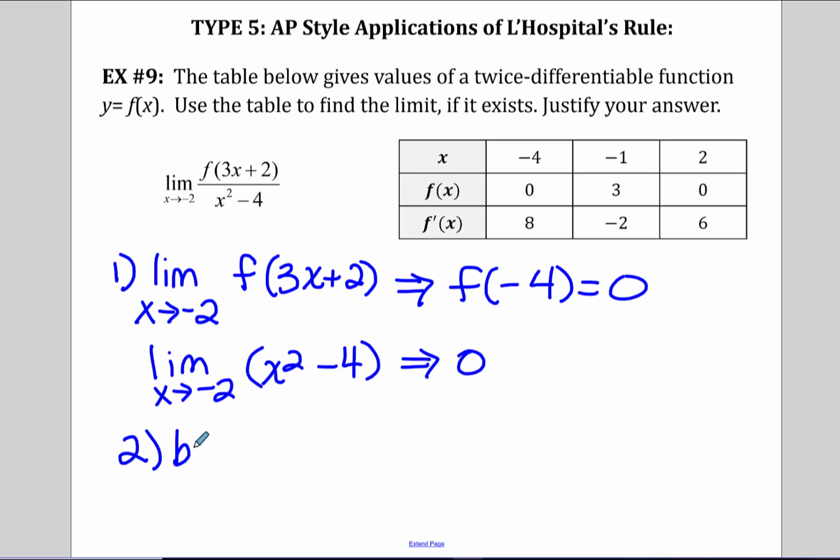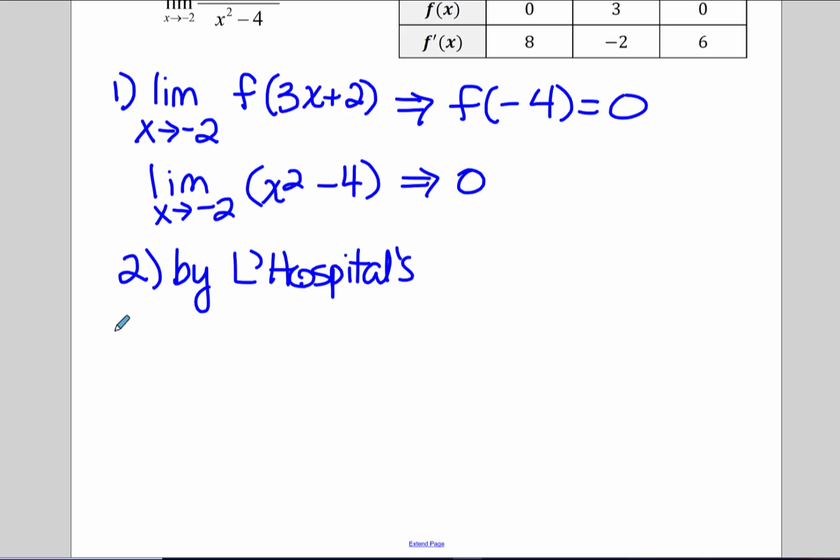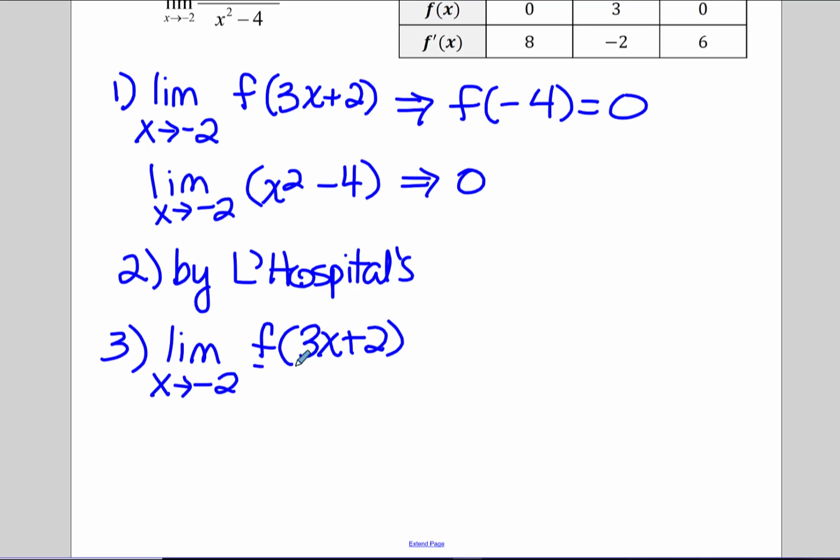That means we're going to use L'Hopital's rule. By L'Hopital's rule, we can rewrite the limit approaching -2 for f of 3x plus 2 divided by x squared minus 4. This is tricky now, be careful.